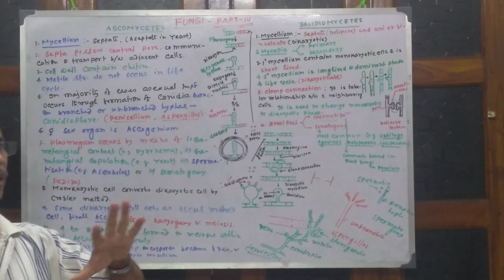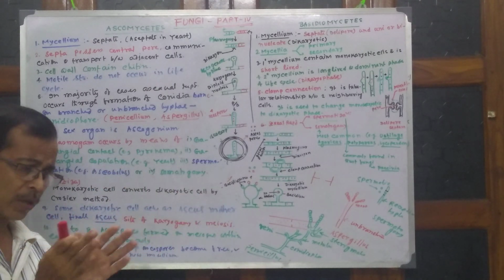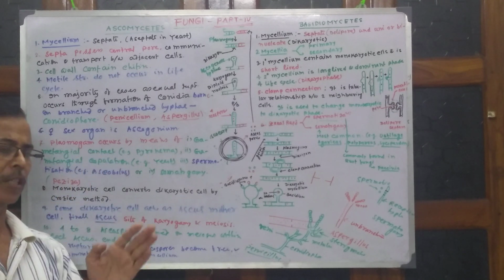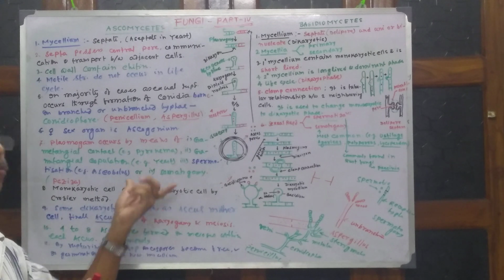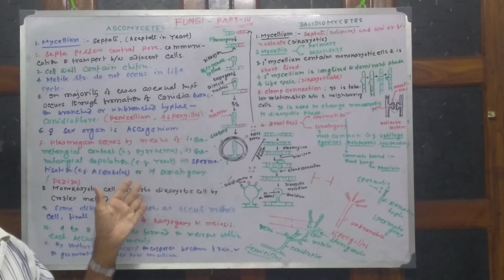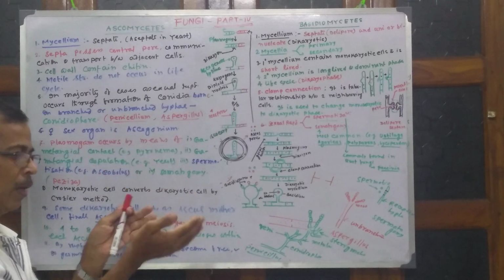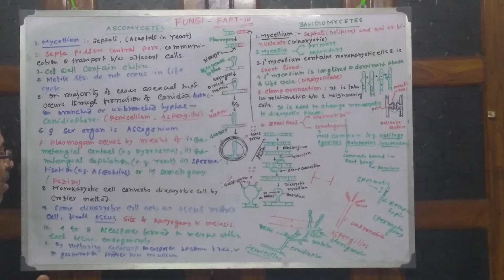There is diversity among the different organisms, but when we come to sexual reproduction, there is a common feature: fertilization, pre-fertilization and post-fertilization. But here, post-fertilization is not developed. The three common features are plasmogamy, that is the fusion of the protoplasts of two opposite strain thalli, then karyogamy, that is fusion of nuclei, and then meiosis.